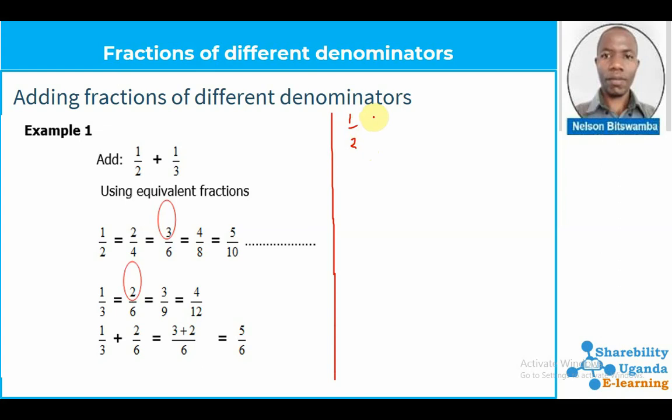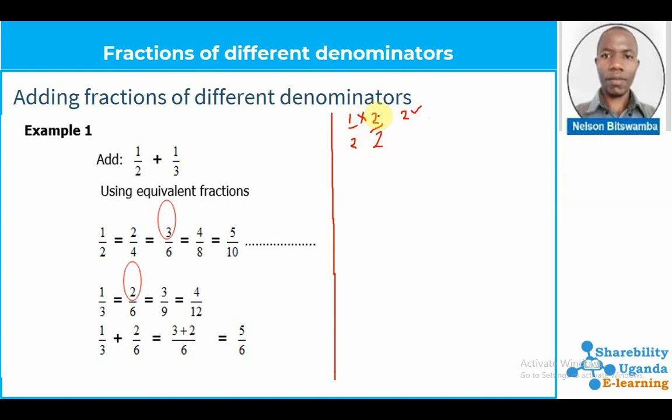Then we multiply that number by the numerator and the denominator. Let's take our number as 2. We can also take 1, but when you multiply by 1, the number still remains the same. So we are going to take our value as 2, and we shall multiply by 2.